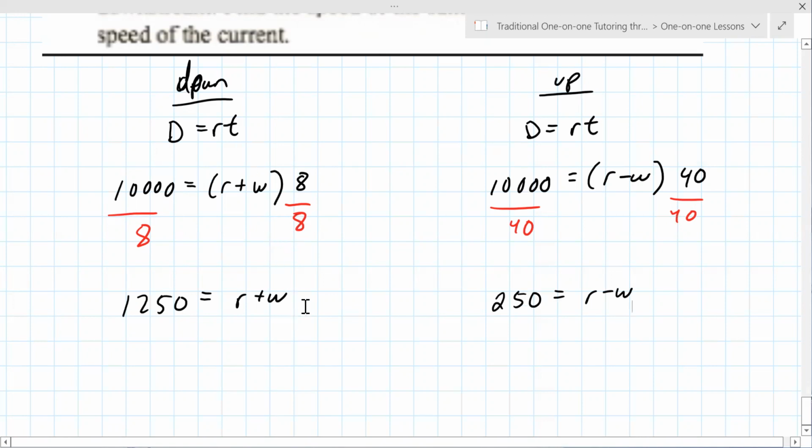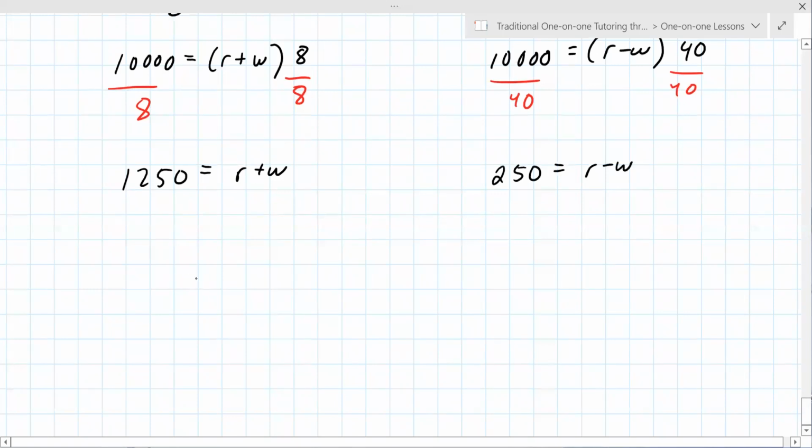You can divide first. Now it only works because both of these numbers were divisible by the other number. So it won't always work. Math's full of exceptions.